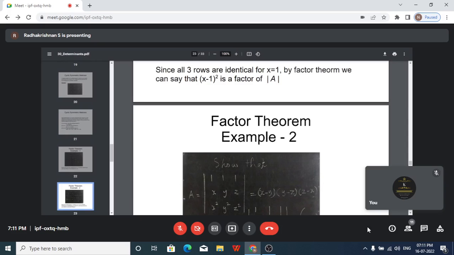If you can prove that when you put x equal to y, this determinant becomes 0, then x minus y is a factor, right? Then you try to put y equal to z and it becomes 0, then y minus z is a factor. So that is your factor theorem. Yeah. So by substituting, we can verify whether x minus y, y minus z and z minus x are factors. Substitute பண்ணி பாருங்க நீங்க. It's a very simple thing to do.